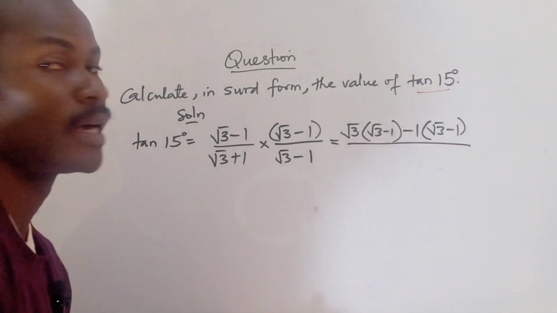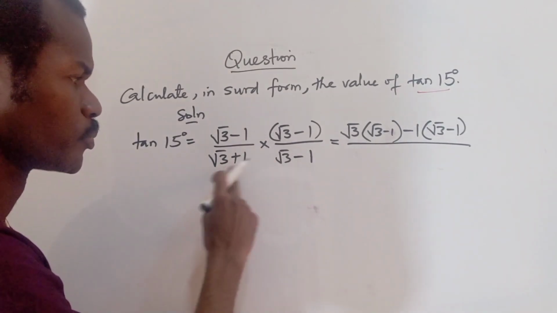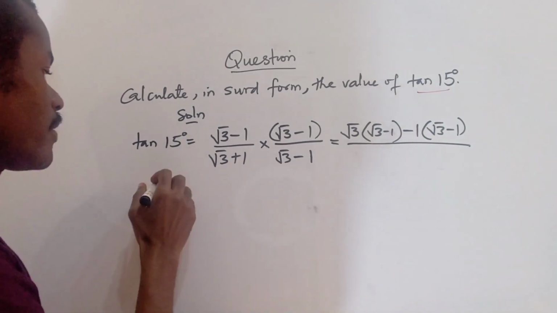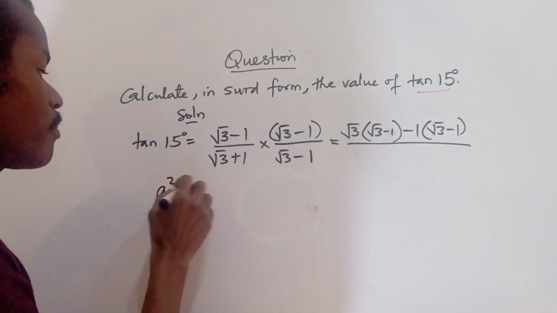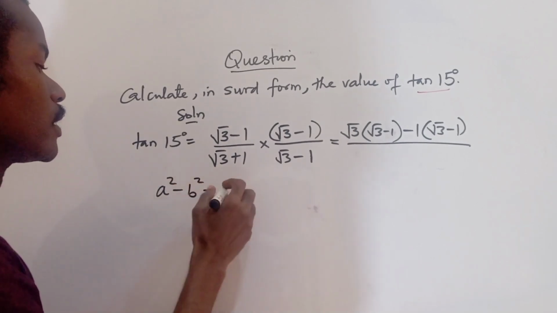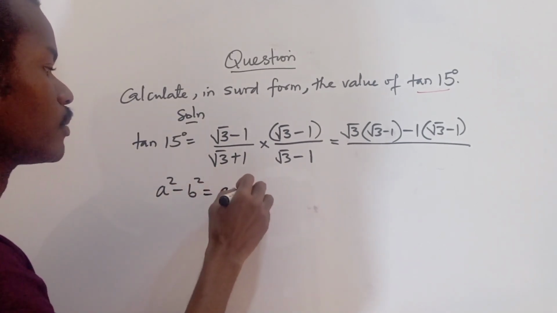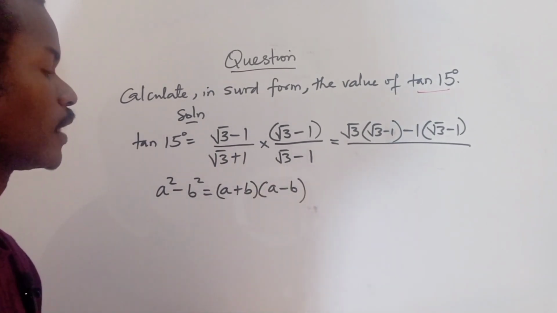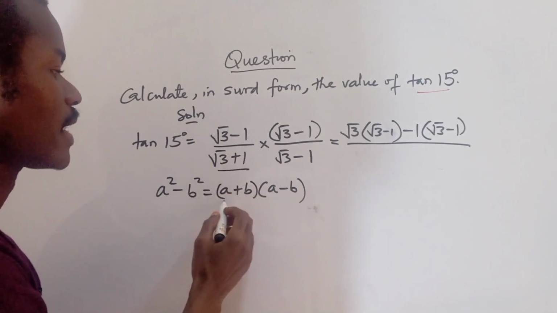So all this divided by, now I'm going to use the difference of two squares here. Remember, if I have a squared minus b squared, it simply means a plus b multiplied by what? a minus b. So if you look at this, it looks like this.